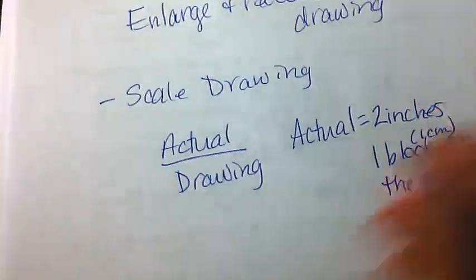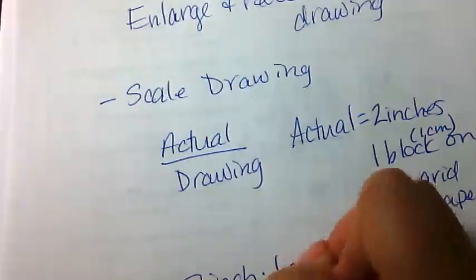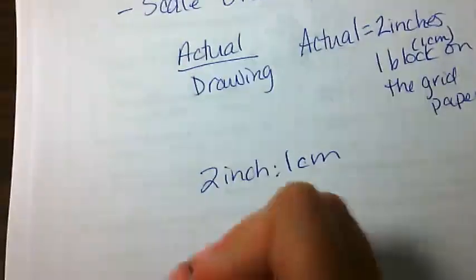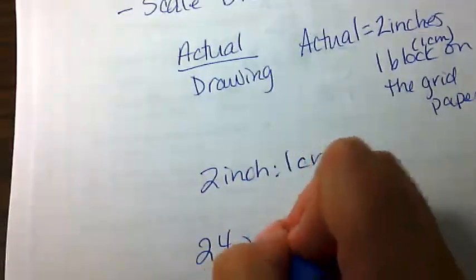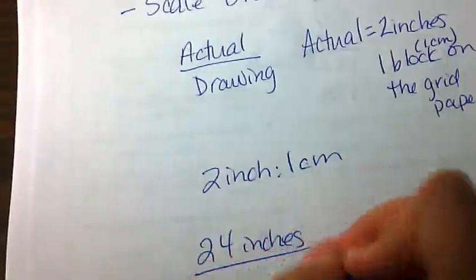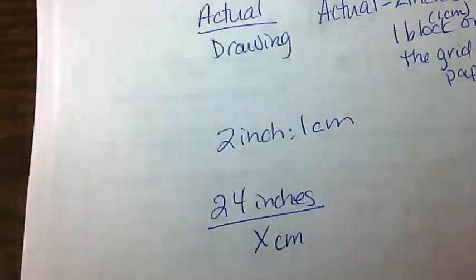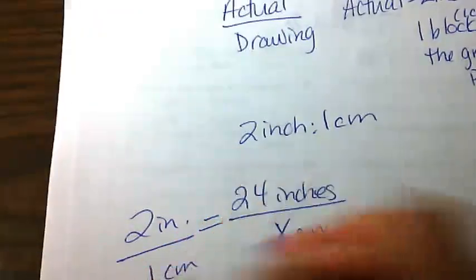So 2 inches to 1 centimeter. Then if I were creating my tower, and I said my tower is 24 inches tall, and I want to know how many centimeters I need to draw it, I compare it to my scale factor. 2 inches, 1 centimeter.